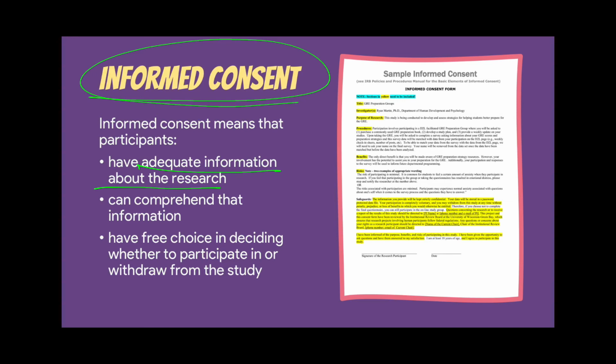And then, aside from giving them the information about your study so they can make a sound decision whether or not they want to be a part of the study, you have to make sure that they comprehend that information. That's why, when you make the informed consent, you have to make sure that the language you are using is understandable. It should be laymanized.